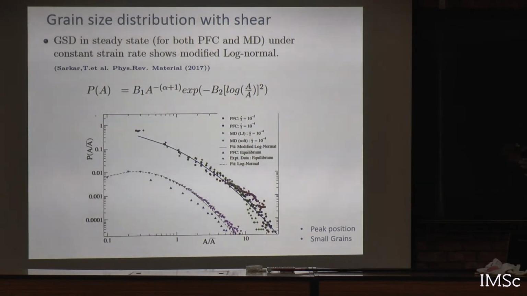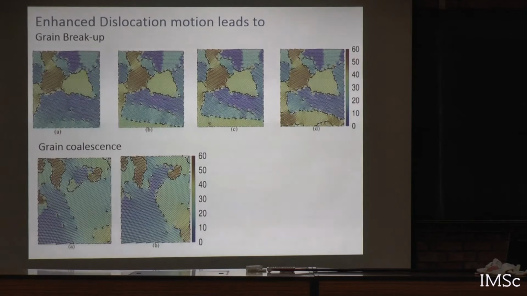Now I come to a little bit of analysis. Based on this grain breakup and grain coalescence, I showed you movies. You see that more of them happen when you have shear.